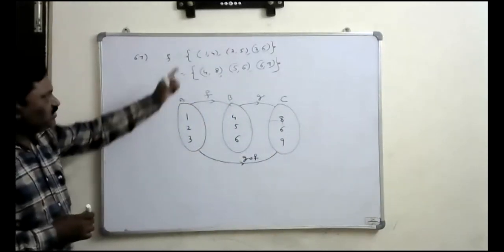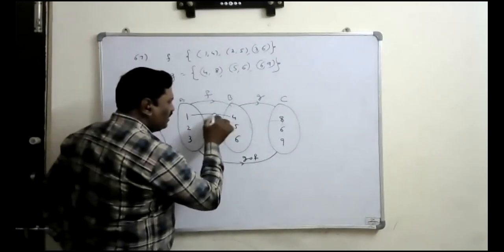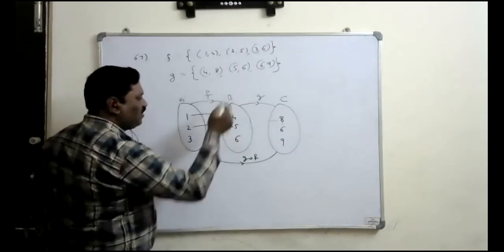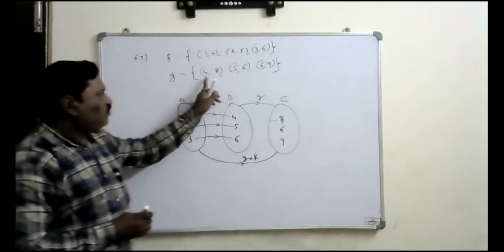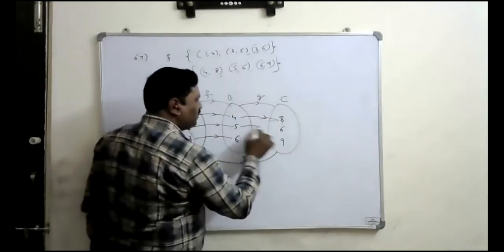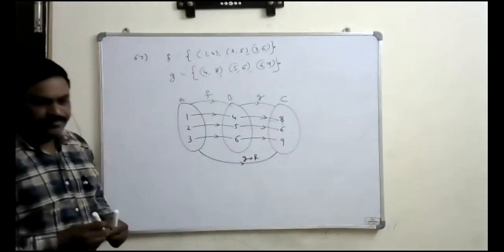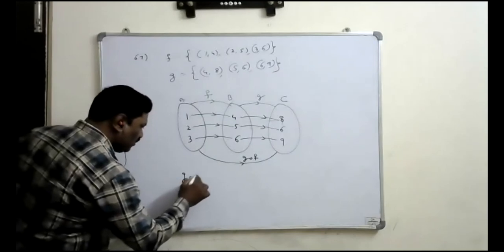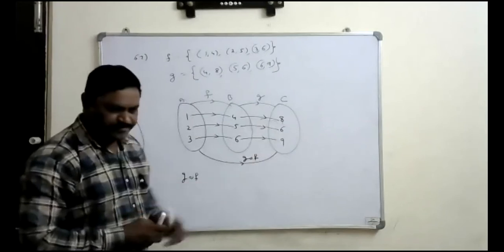Now this is saying (1, 4), meaning the element 1 has a mapping with 4. (2, 5) means 2 has mapping with 5. (3, 6) means 3 has a mapping with 6. Next, 4 is mapping with 8, 5 is mapping with 6, then 6 is mapping with 9. Now, I want to find G circle F. Here the domain is 1, 2, 3 only. The range will be 8, 6, 9.